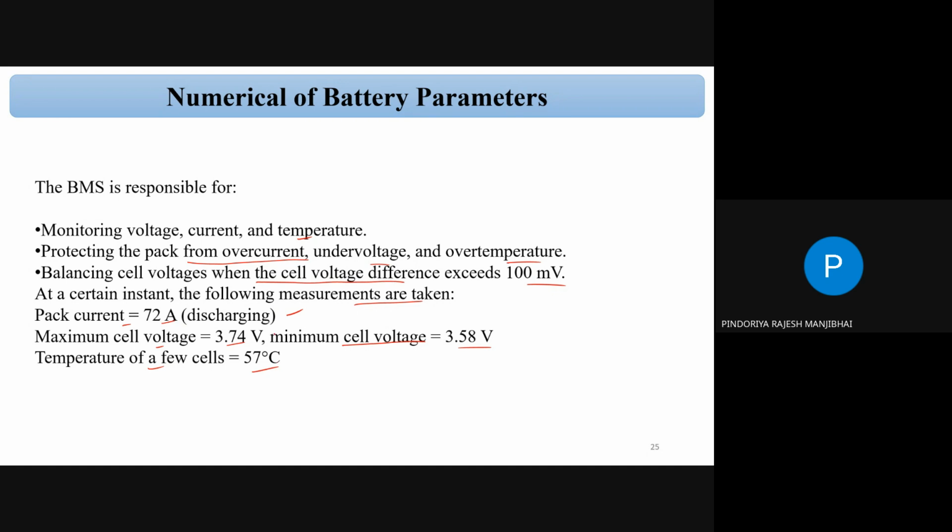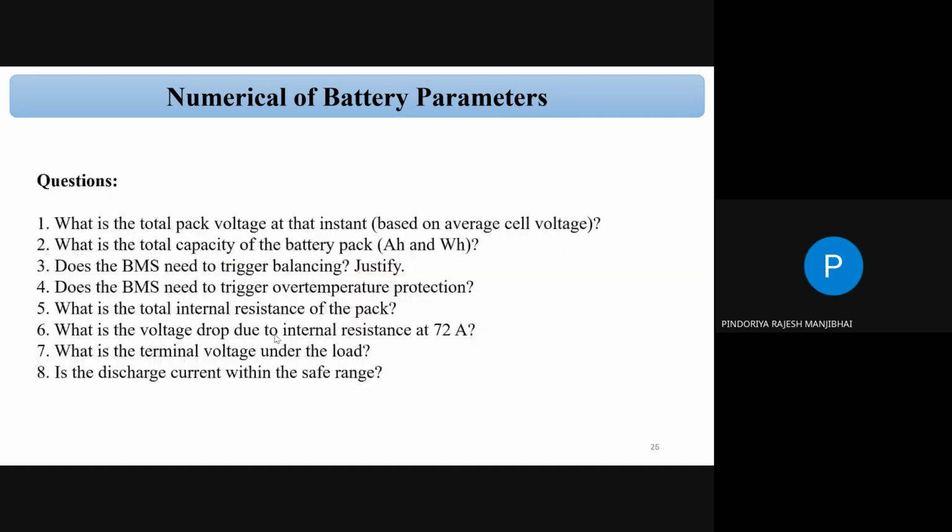These are the parameters we got from the BMS. So our question is, what is the total peak voltage at the instant based on the average cell voltage? That is the first part.